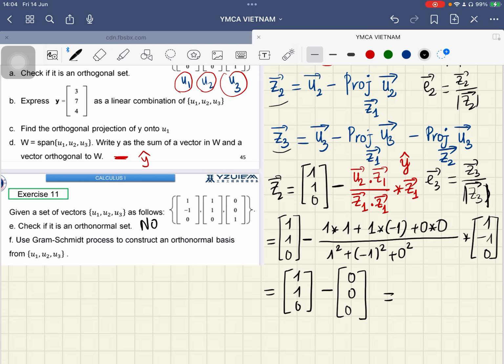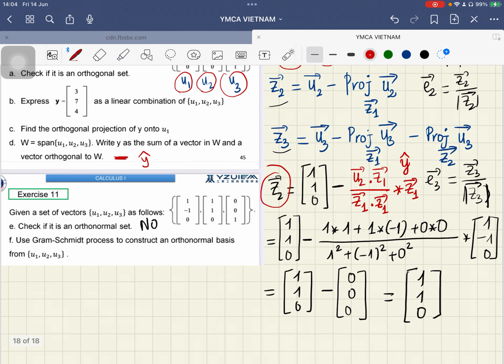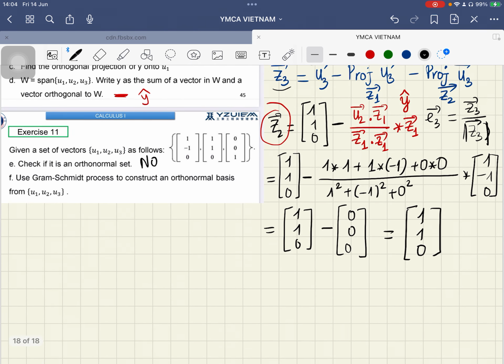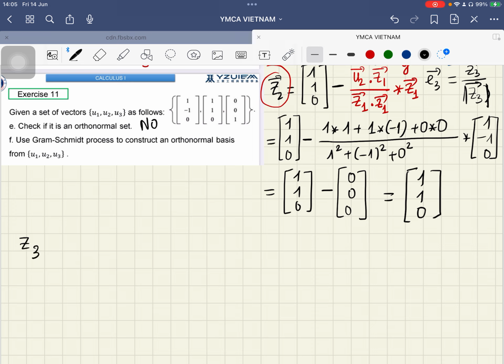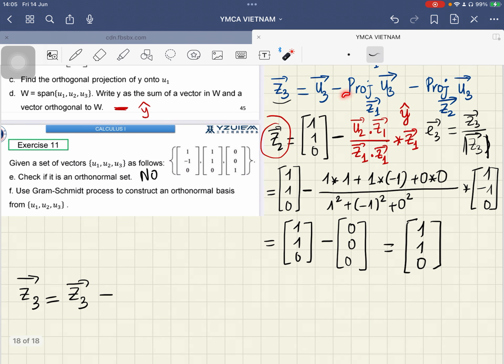So we have Z2 is equal to 1, 1, 0. This is Z2. And we have Z1 and Z2 already. Now we calculate Z3. Z3 is equal to U3 minus the projection of U3 onto Z1 minus the projection of U3 onto Z2.